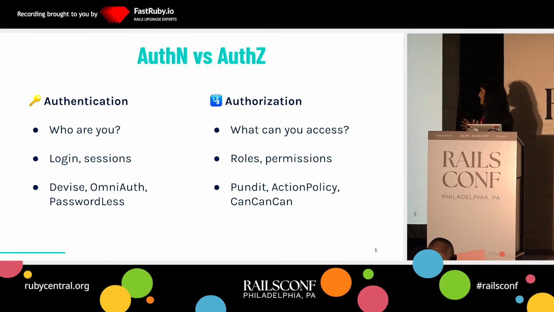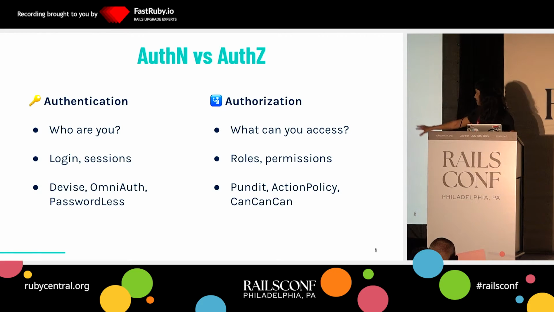Authentication is proving your identity: who are you? And authorization has to do with what you are allowed to do once you are authenticated. They're deeply connected because you cannot enforce permissions without first verifying identity, but they're distinct layers.